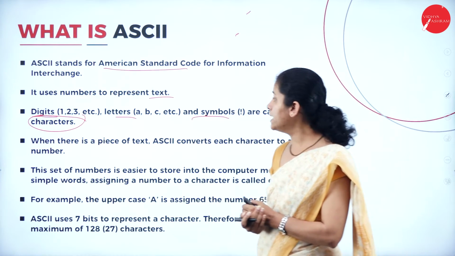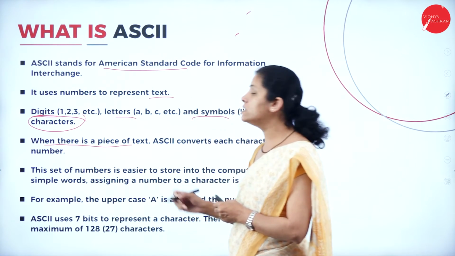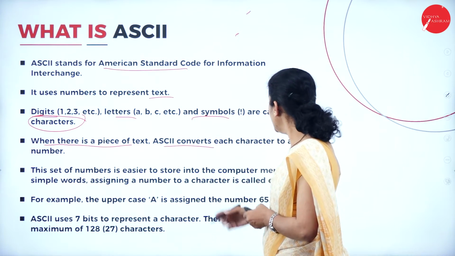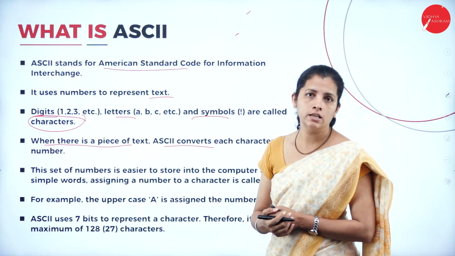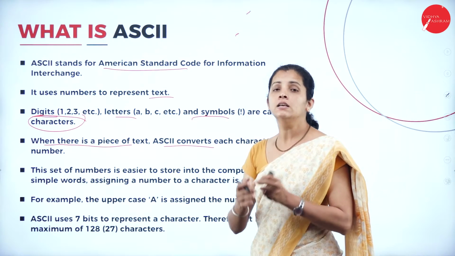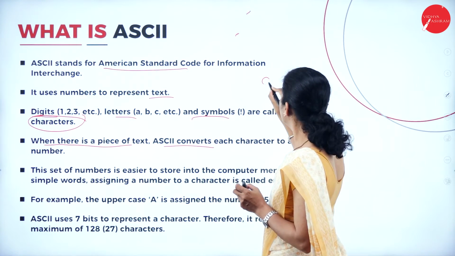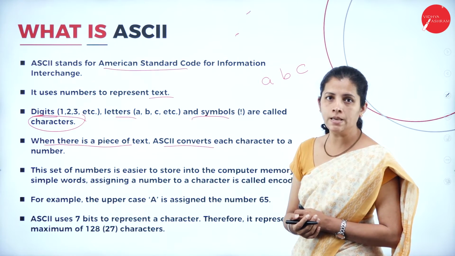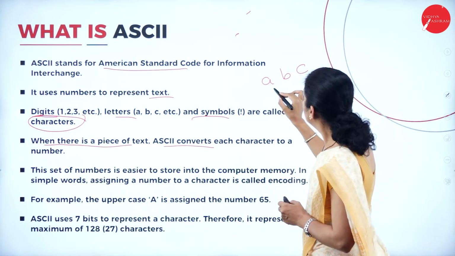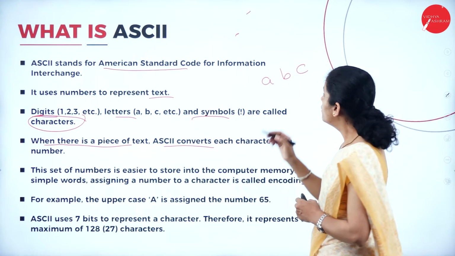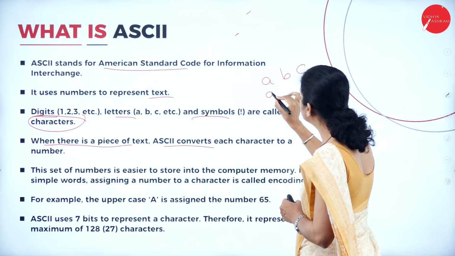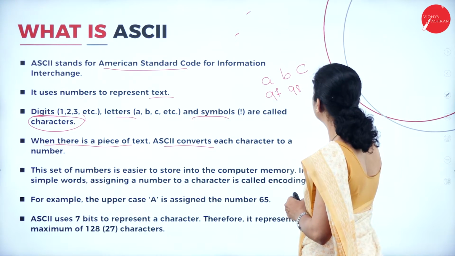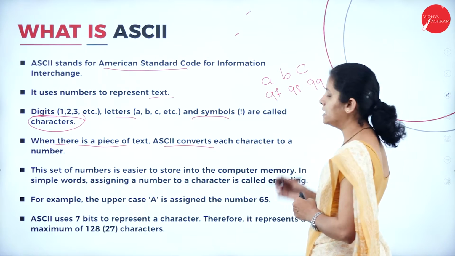So dear student, when there is a piece of text, then ASCII converts each character to a number. For example, say I have A, B, C. And in ASCII table, for small letter a, it starts from 97, b 98, c 99.